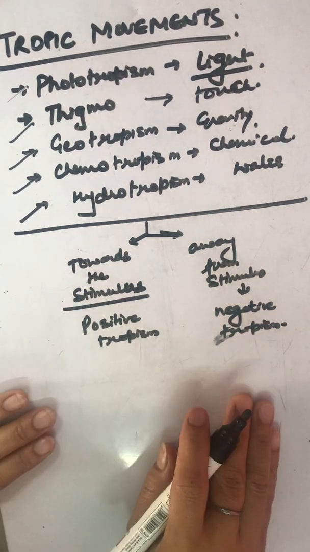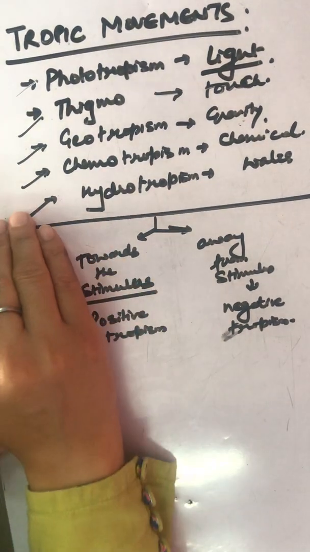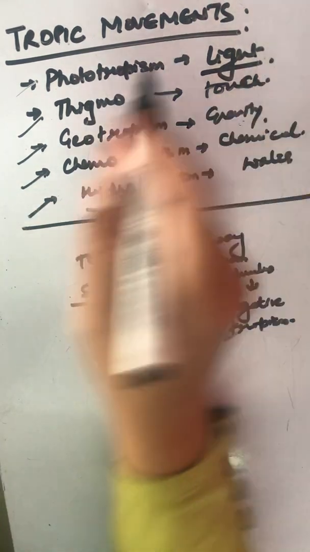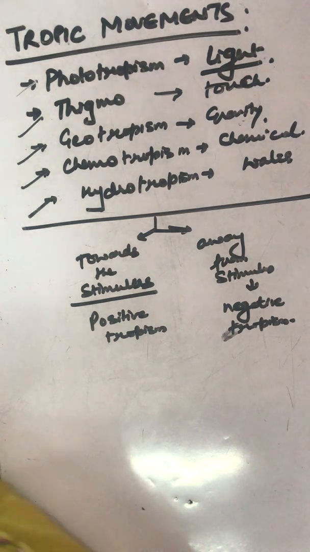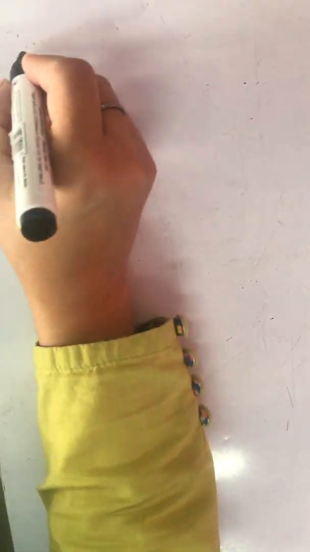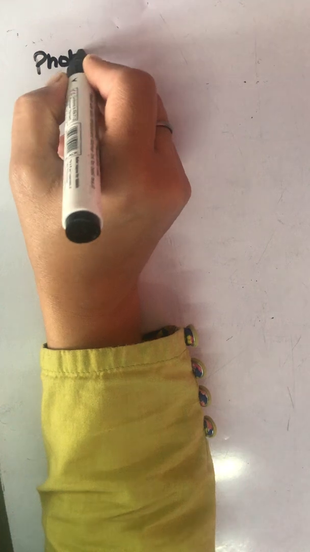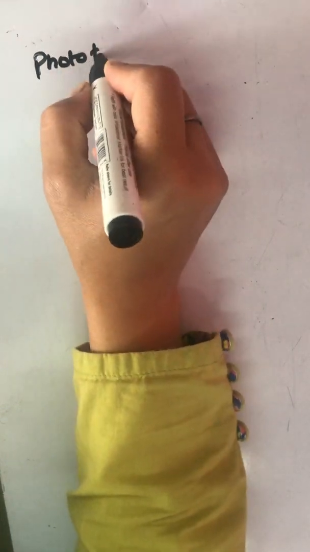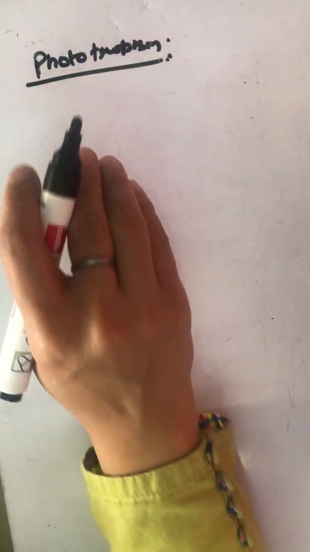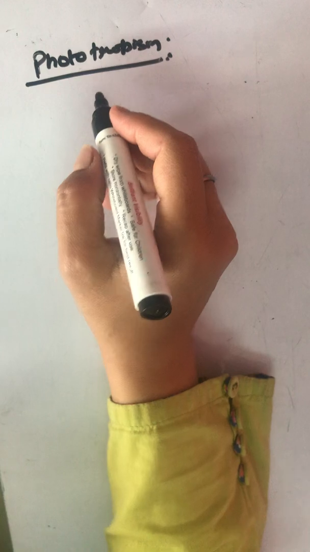Now, taking up one after the other. First, we are taking this phototropism, that is the direction of plant part in effect of light. A very beautiful phenomena when we see that we have two potted plants.